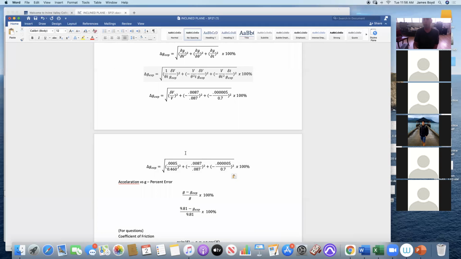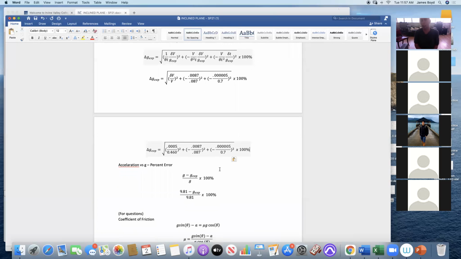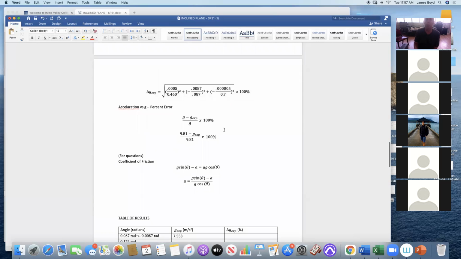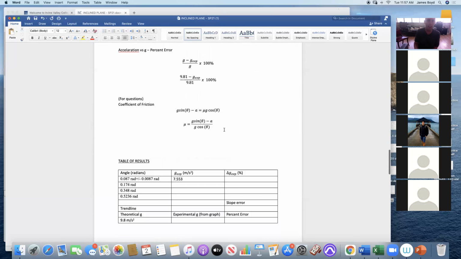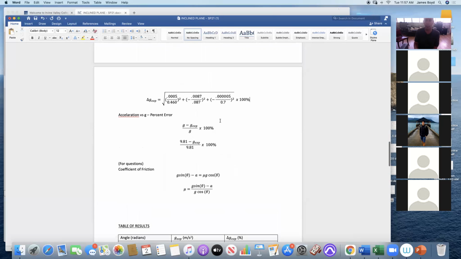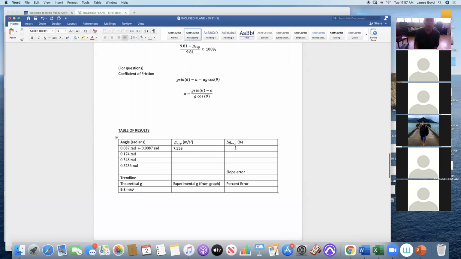So we're going to have all this error due to our protractor. These terms are virtually completely known, 100% accurate, which is really good. But all the error is going to come from there. Delta G ends up being something like 10%.